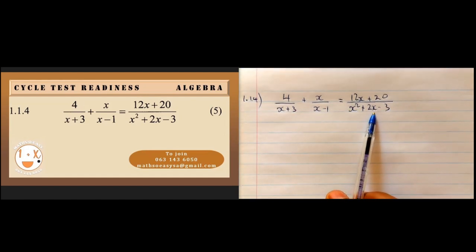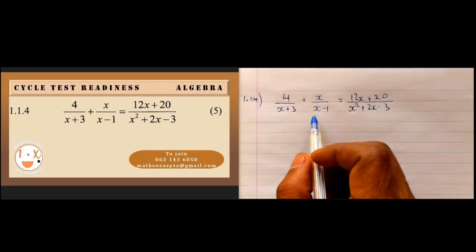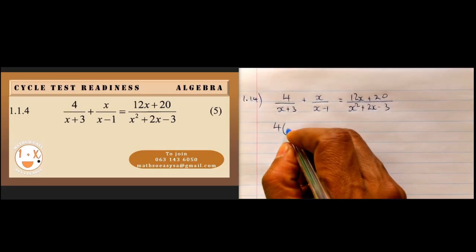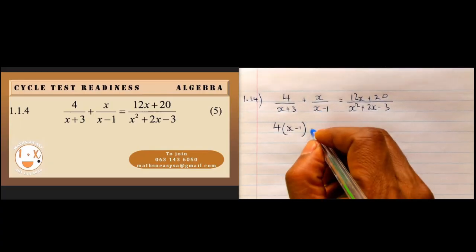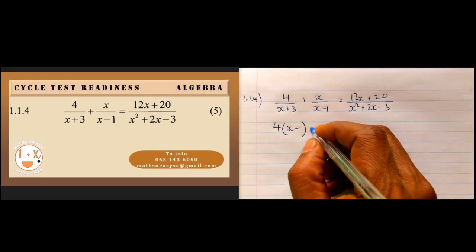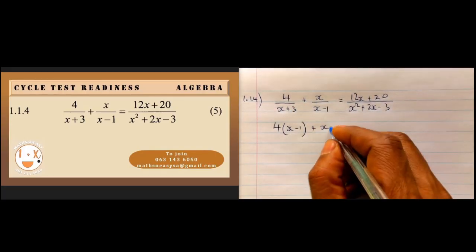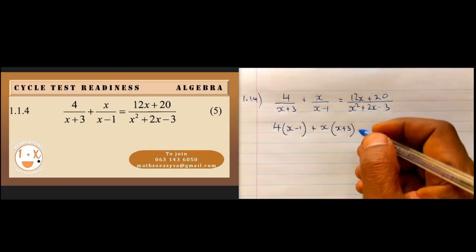So it means this is my LCD. If you are sharp like that, you will skip some steps. You will say, I am going to multiply this by that factor in my LCD, and then this one I will multiply it by that factor in my LCD.